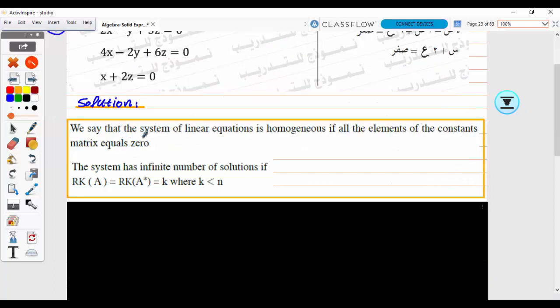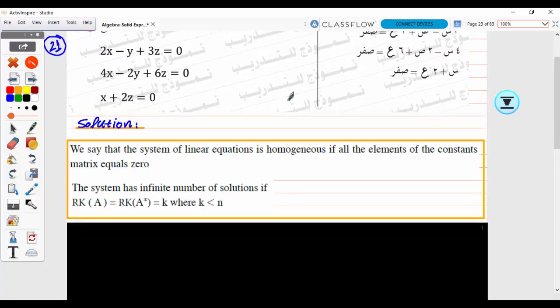We say that the system of linear equations is homogeneous if all the elements of the constants matrix equal 0. Okay? Here, what is the constant matrix? It is 0, 0, 0. And the system has an infinite number of solutions if rank of A equals rank of A star equals K, where K is less than N. Of course, N is the number of variables.